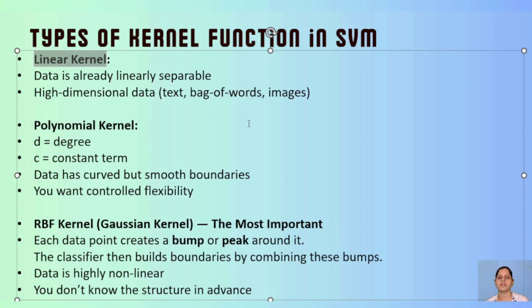A few of the green points are going inside those pink points, and pink points are coming inside the green zones, and RBF is helping to handle those kinds of highly nonlinear cases. We don't know how the structure is going to be, and we are just going with the mathematical intuition of everything.